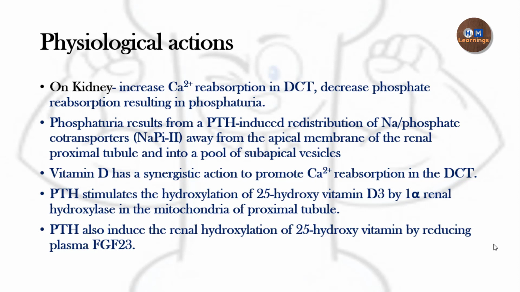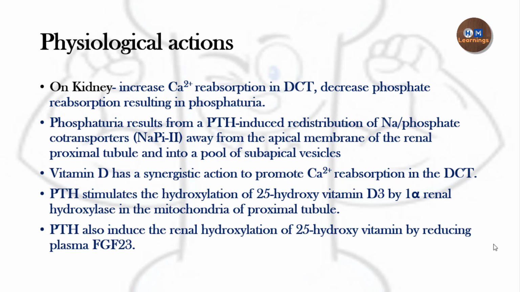In the vitamin D video, we also saw that the parathyroid hormone causes renal hydroxylation. It induces the renal hydroxylation of 25-hydroxy vitamin D by inducing the enzyme renal 1-alpha hydroxylase. So by this it causes the formation of vitamin D, and vitamin D further will act on the renal tubules to increase the reabsorption of calcium.